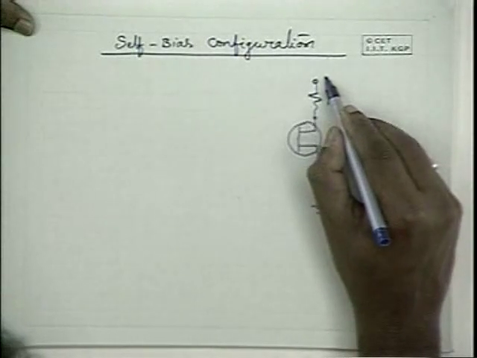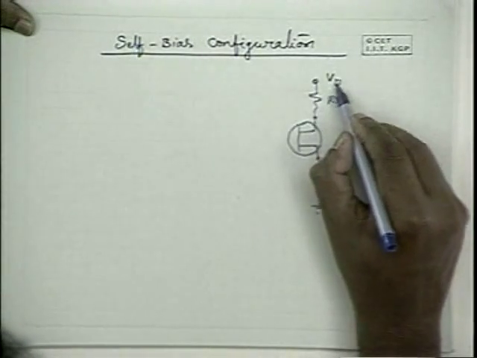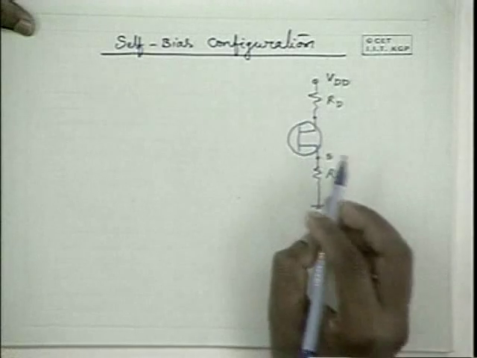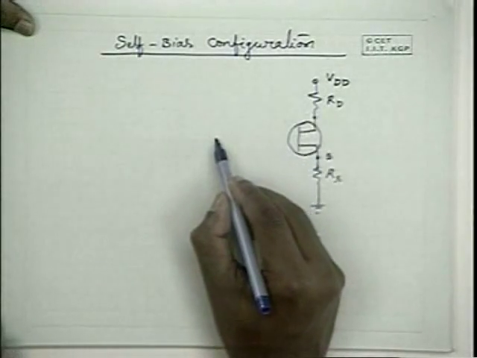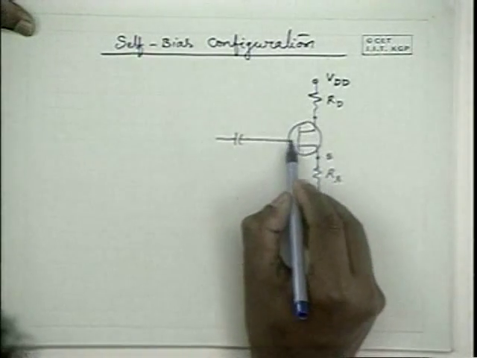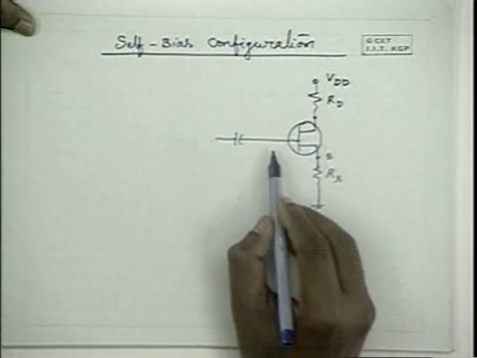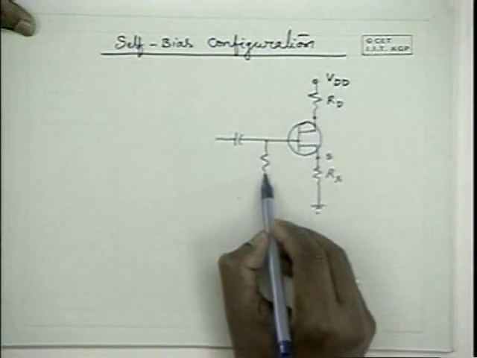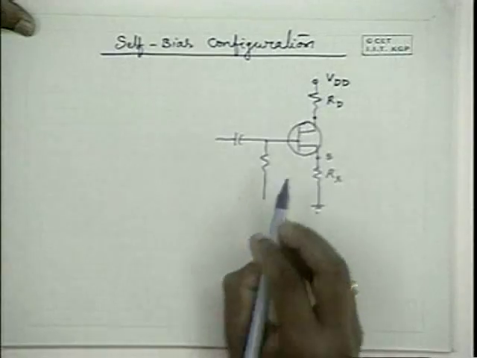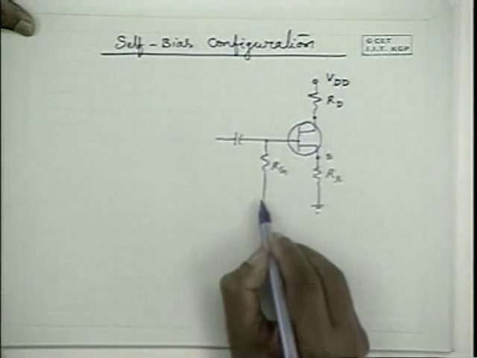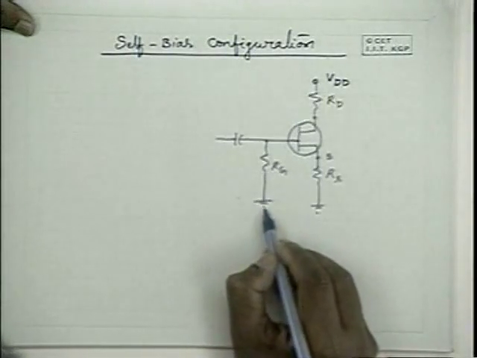Like in the fixed bias case, the gate side circuit is through a large gate resistance, and it is grounded here.